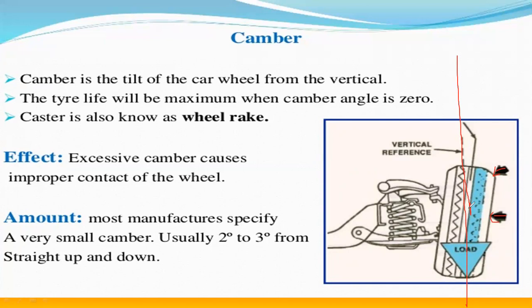You can see that arrangement. It is the inward or outward tilt of the wheel with respect to the vertical, as you can see from the front of the vehicle.